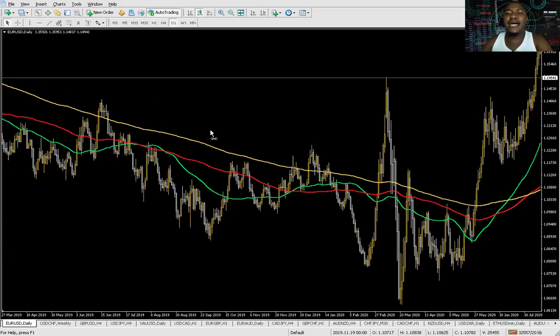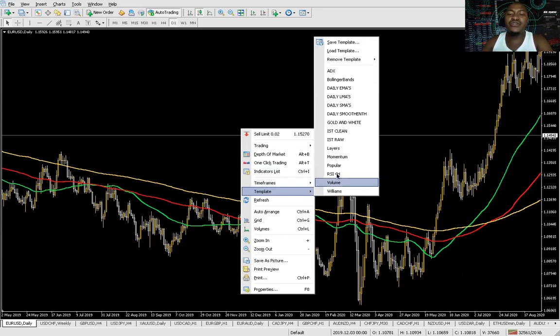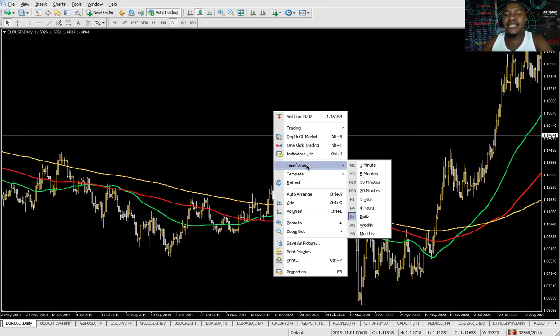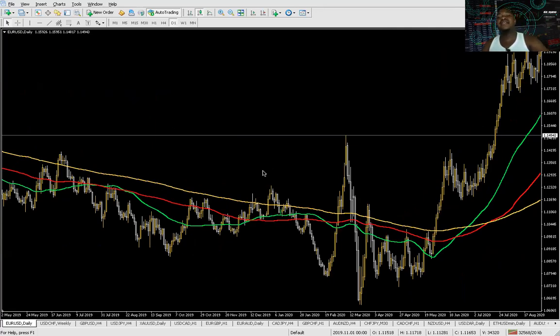So now I want you to go ahead and save this template. Just right click anywhere on your chart and select template and save this template and name it D1 SMAs.